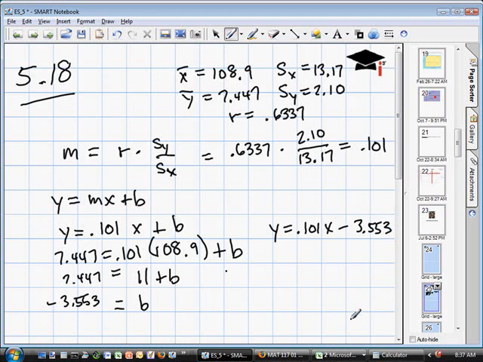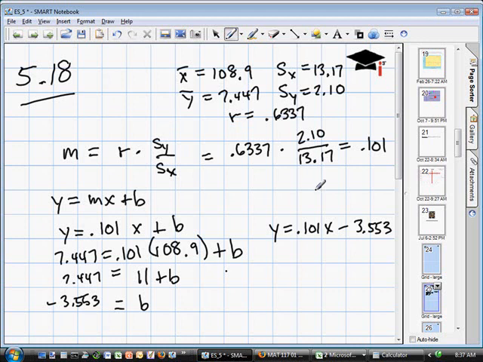Okay, so let me just check. Where are we on the problem? We've done A. We got the equation. Part B, what percent of the observed variation in these students can be explained by the linear relationship? Isn't that always r squared? Well, can't we just square r and find out what that is?